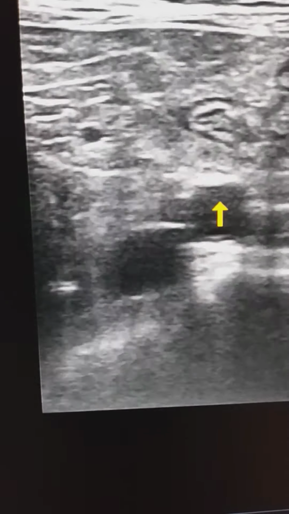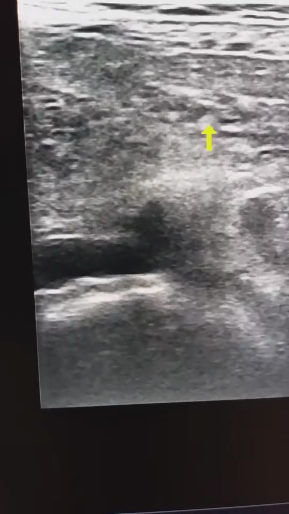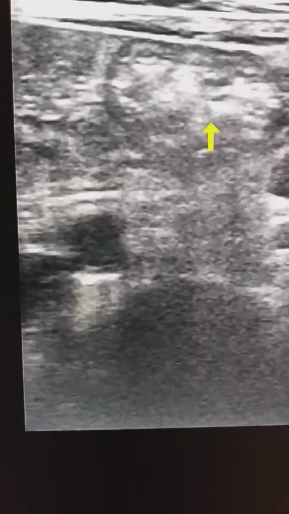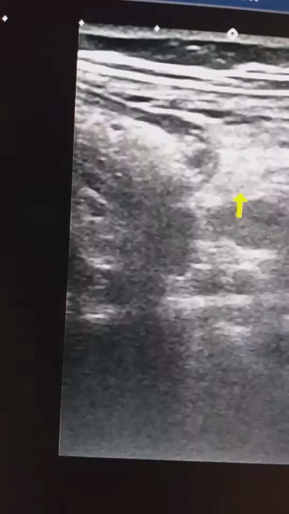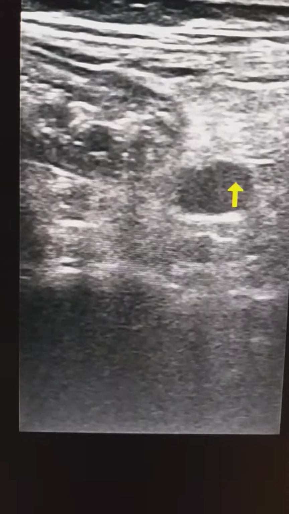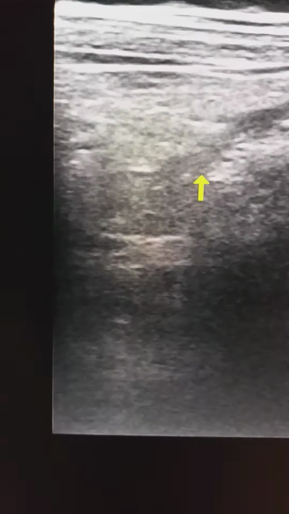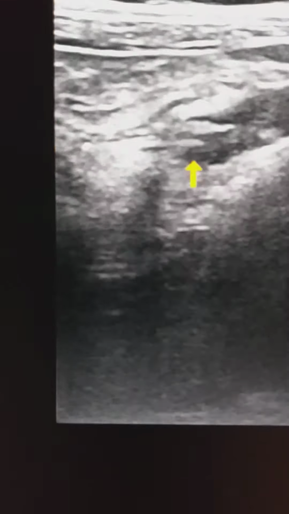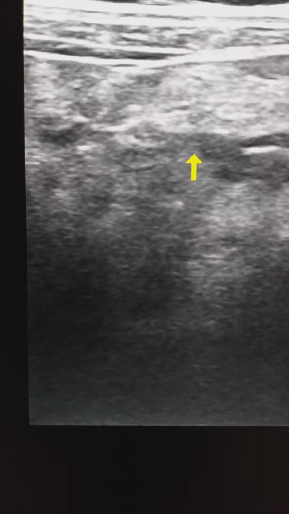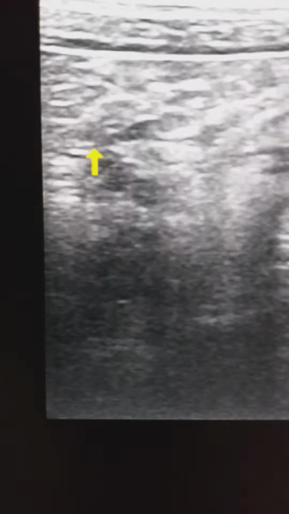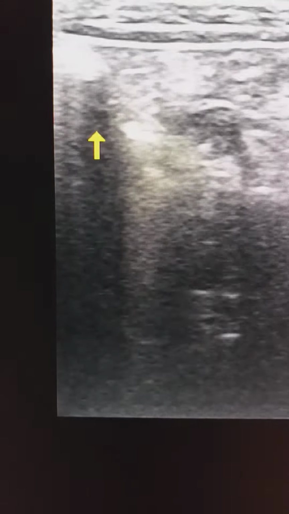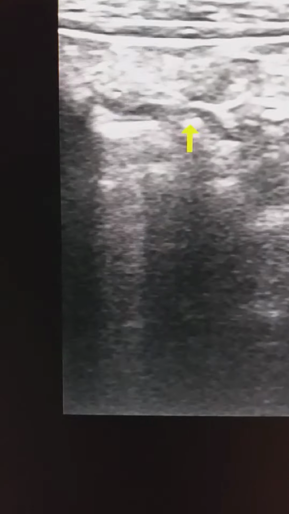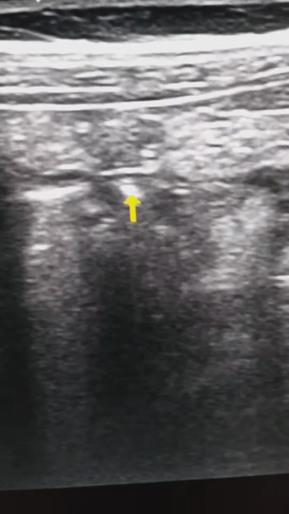These are the iliac vessels, and anterior to the iliac vessels are the gut loops. ये भी lymph node खड़ा हुआ है। So राइट इलियक फोसा पे हमें lymph node नज़र आ रहे हैं। And here we can see that this is the haustration, this is the haustration, and this is the haustration.